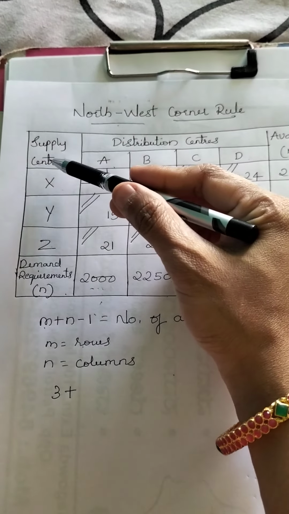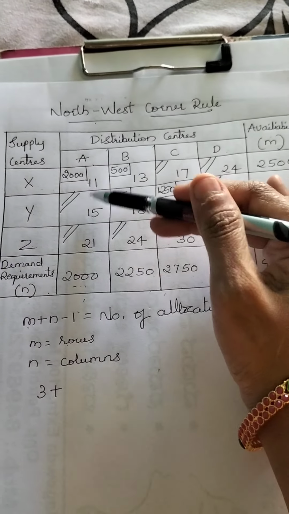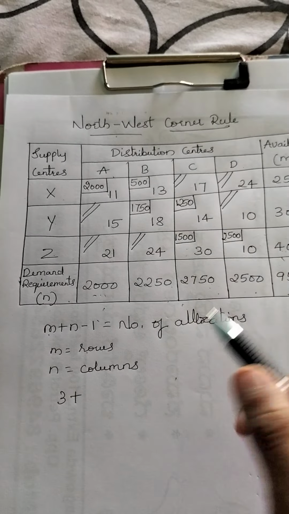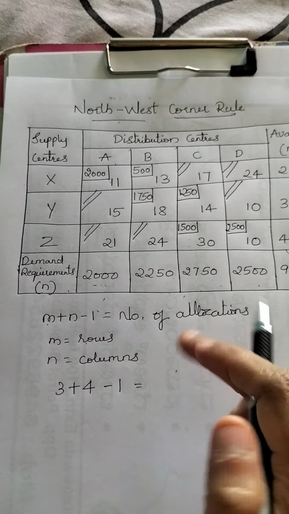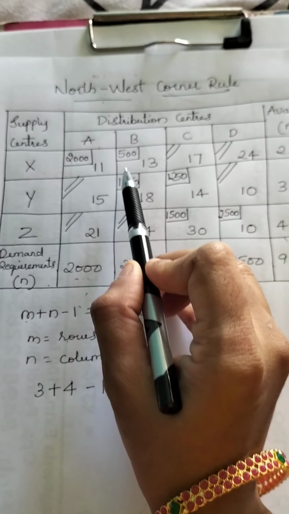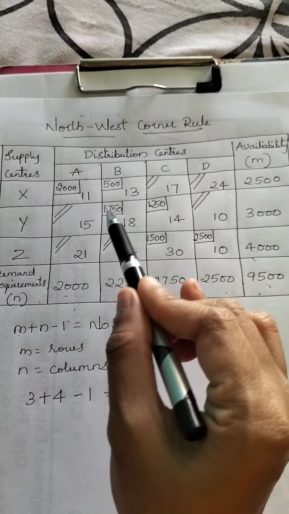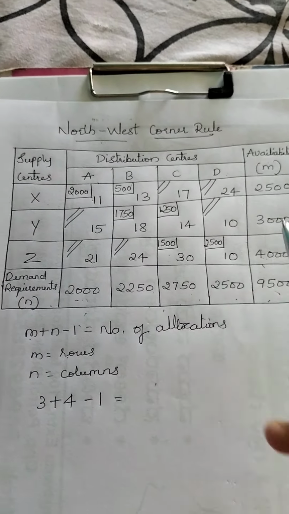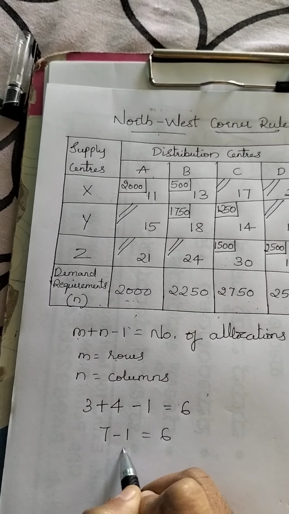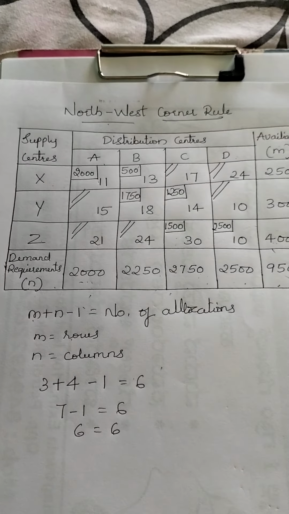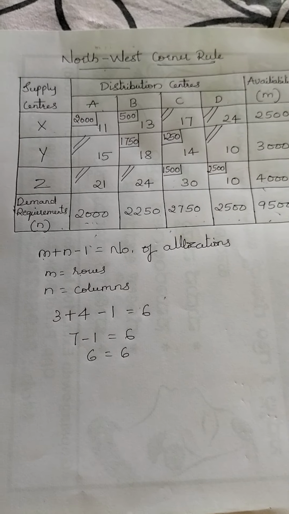How many columns are there? Don't consider supply centers and don't consider availability. You have to just consider distribution centers. 1, 2, 3, 4. There are 4 columns. Minus 1 is equal to number of allocations. Allocations are how much? 1, 2, 3, 4, 5, 6. Those are the cells to which you have allocated units. So 6. 3 plus 4, it is 7 minus 1 equals 6. 6 equals 6. Always m plus n minus 1 equals number of allocations. You have to do this and then only it will be correct.